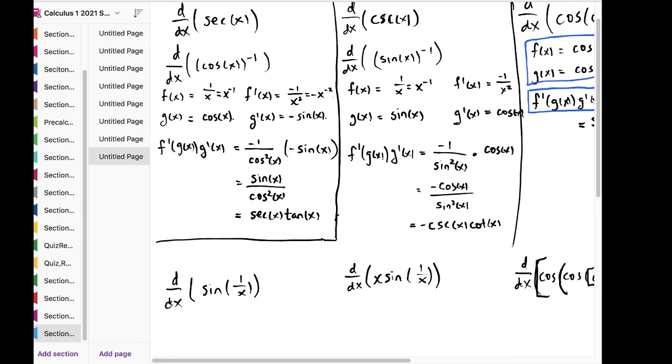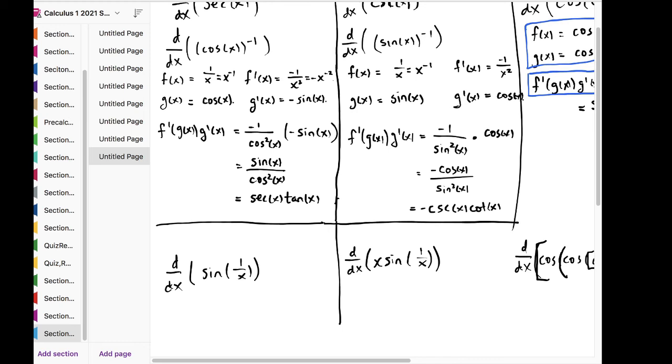What's similar and different about the derivative of cosecant and the derivative of sine of 1 over x? Well, once we say f and g, you'll see the difference.